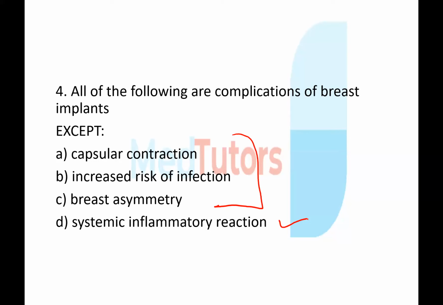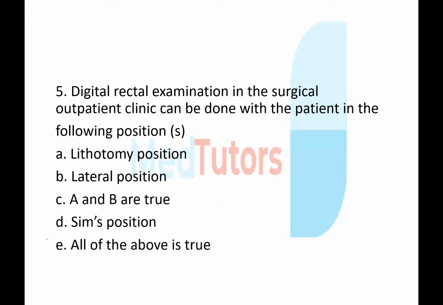All these options are local complications that are related to the implant. So this systemic inflammatory reaction is an unlikely complication, because most of the implants that are used are inert. They are unlikely to cause systemic inflammatory problems.